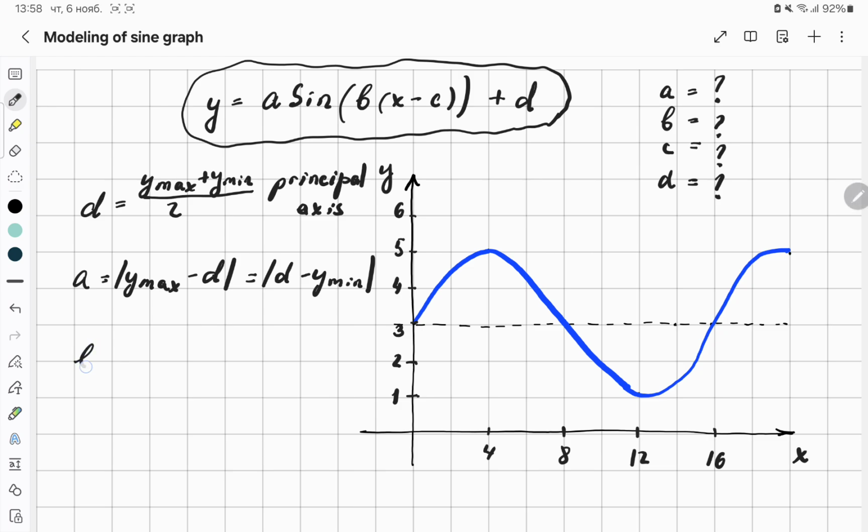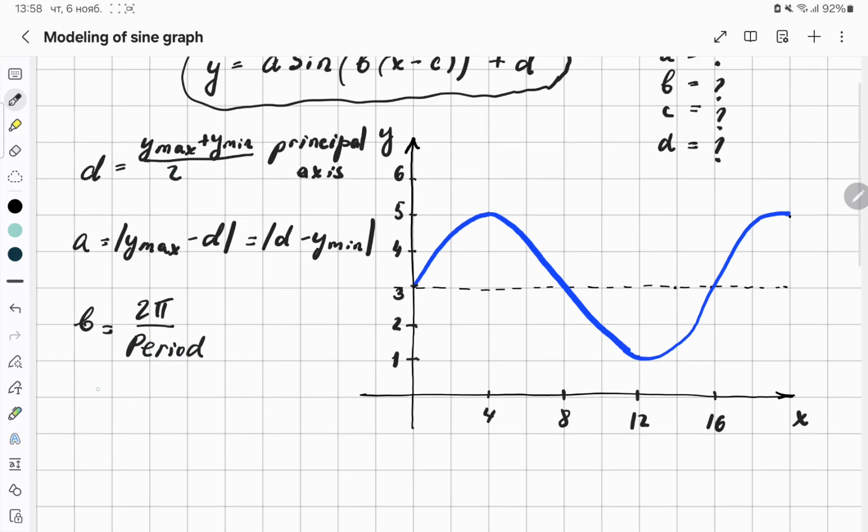Then b is equal to 2 pi over period. We should specify what period is. The period here is the x length of the repeated part of the graph.